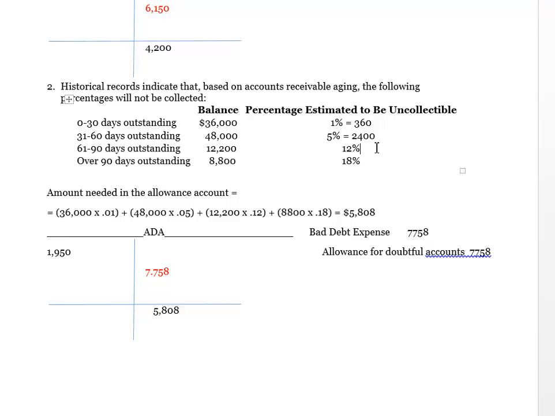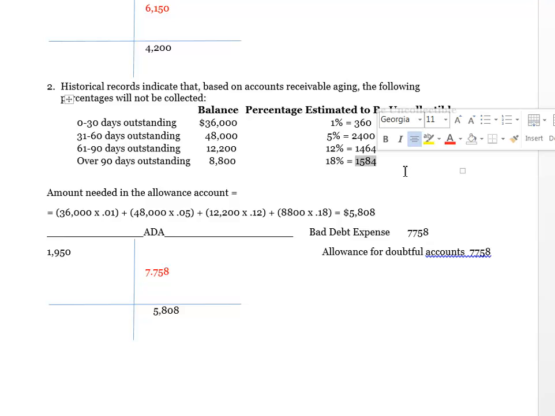And if we multiplied out the 12,200 and multiplied that by 12%, because 12% is unlikely of collection, we'd get 1,464. And then if we took the 8,800 that's outstanding over 90 days and multiplied that by 0.18 or 18% to give us the amount of the 8,800 that we think is unlikely of collection, we'll get 1,584.